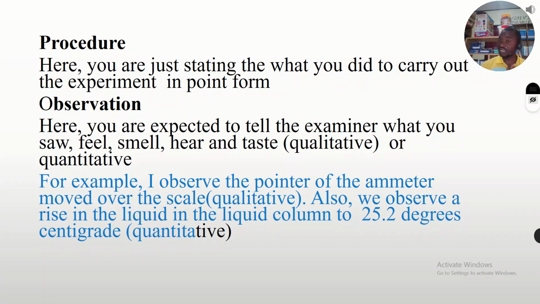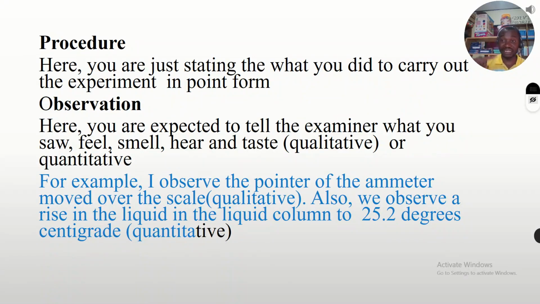Observations can be qualitative or quantitative, and make sure that they fall around your five senses of see, feel, smell, hear, and taste. What did you see in the thermometer? I saw a rise of the liquid in the liquid column from this to that. You did not see temperature rising.